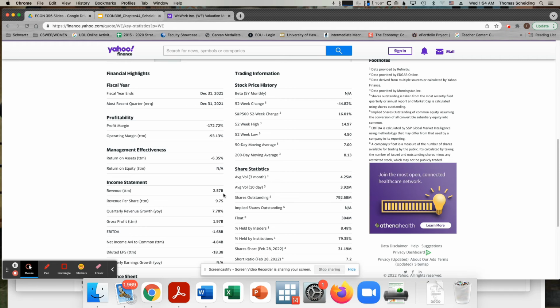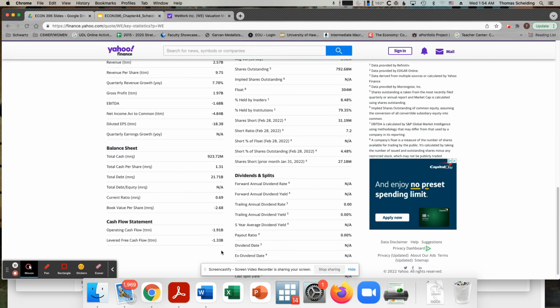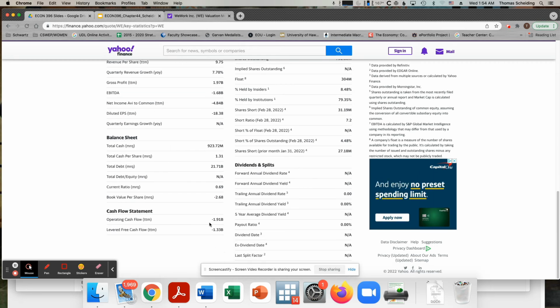And I can see that the firm earned about $2.6 billion in revenue. And again, it lost money on an EBITDA basis. It's got money going out. It doesn't have a positive cash flow. It has cash going out. And it does not pay a dividend.